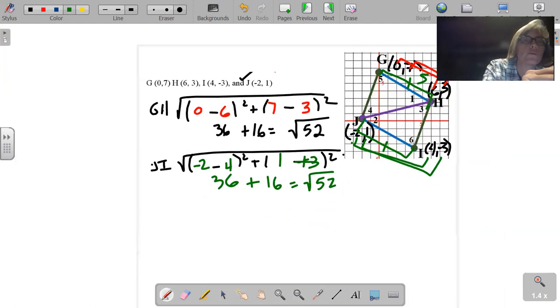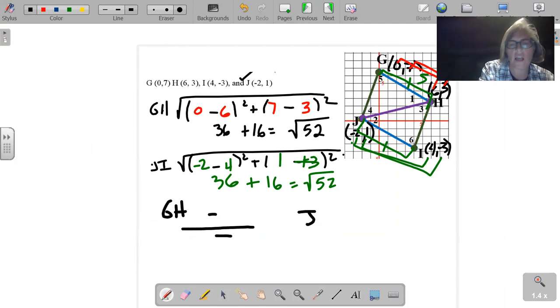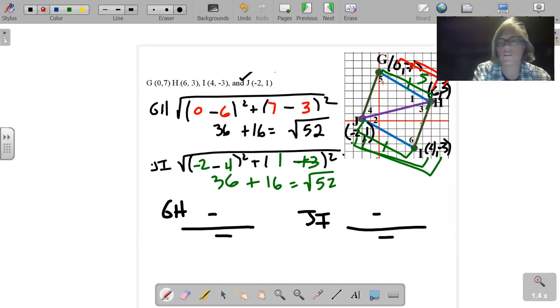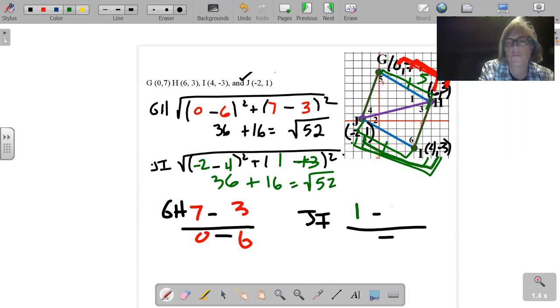Now we're going to do slope of GH and JI. Slope is y minus y, so now we're putting the y's on top. Once again, we touch our numbers. That's 7 and 3, 0 and 6. And on top, y's on top, that's 1, negative 3. X is down below. Notice I'm physically touching the numbers.